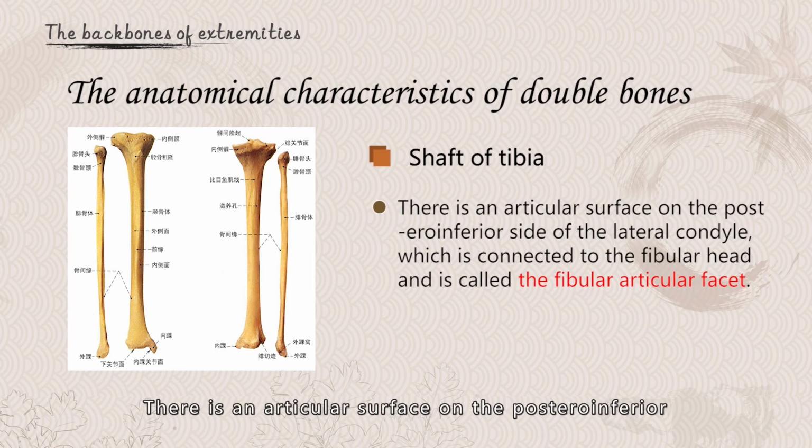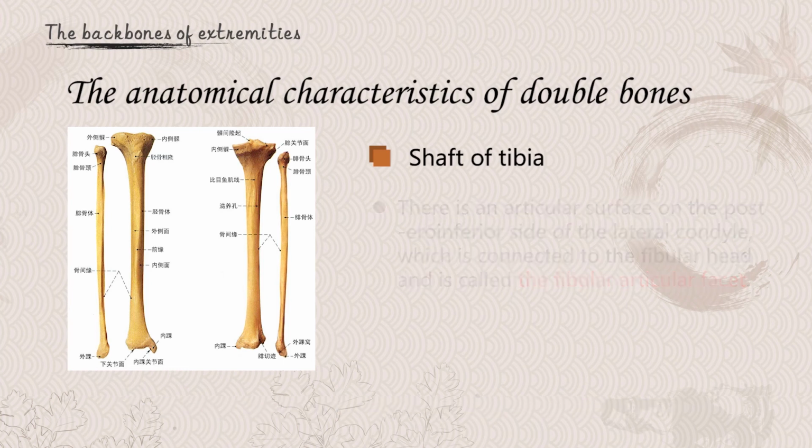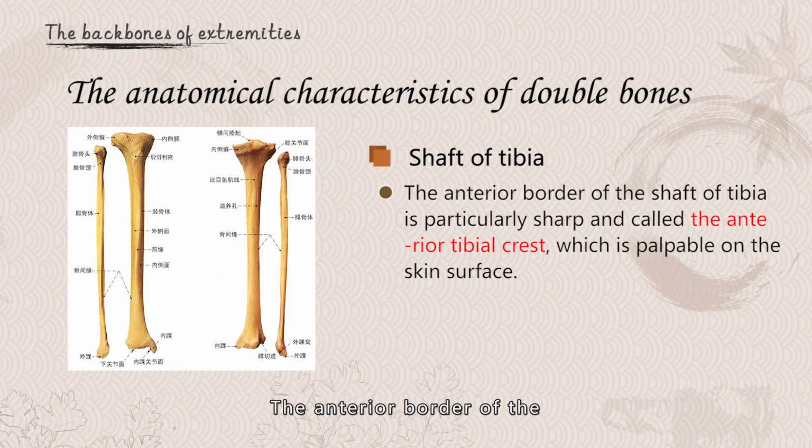There is an articular surface on the posterior inferior side of the lateral condyle, which is connected to the fibular head and is called the fibular articular facet. The anterior border of the shaft of the tibia is particularly sharp and called the anterior tibial crest, which is palpable on the skin surface.